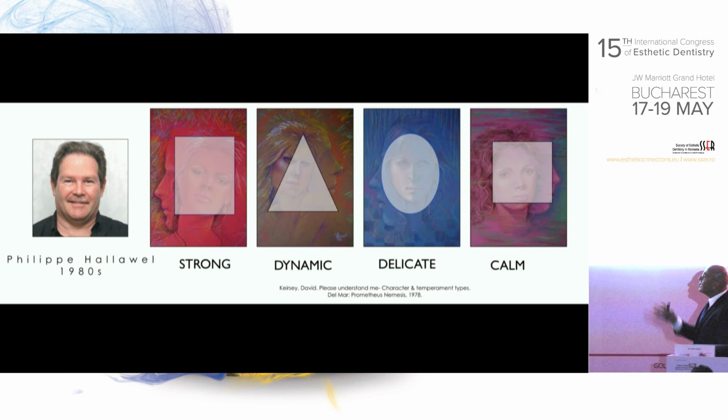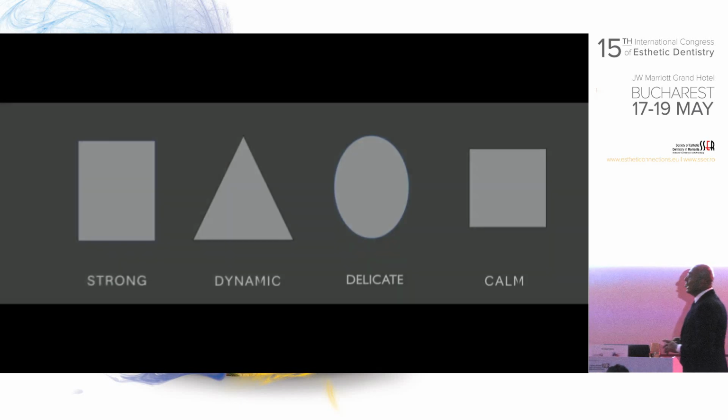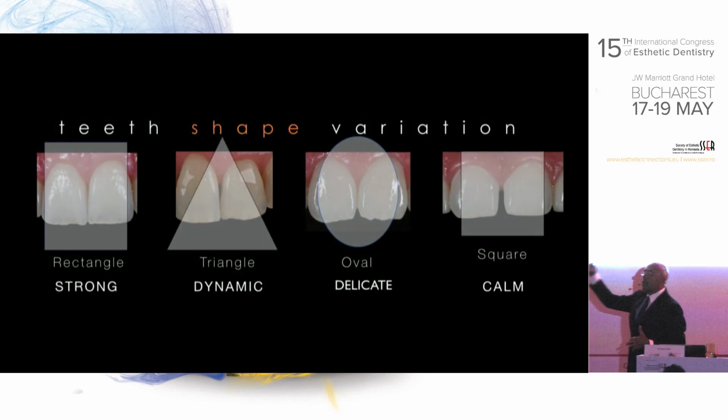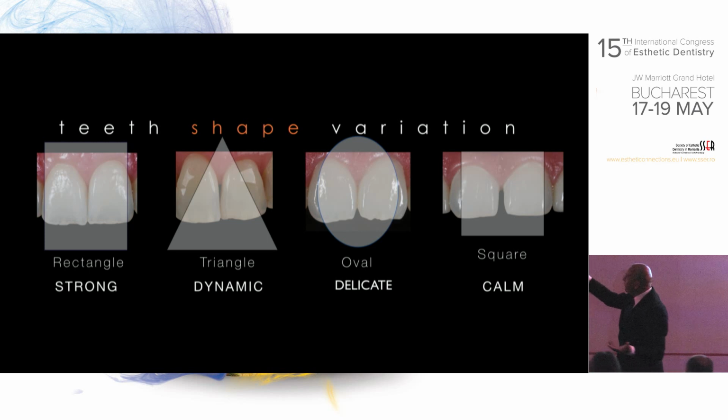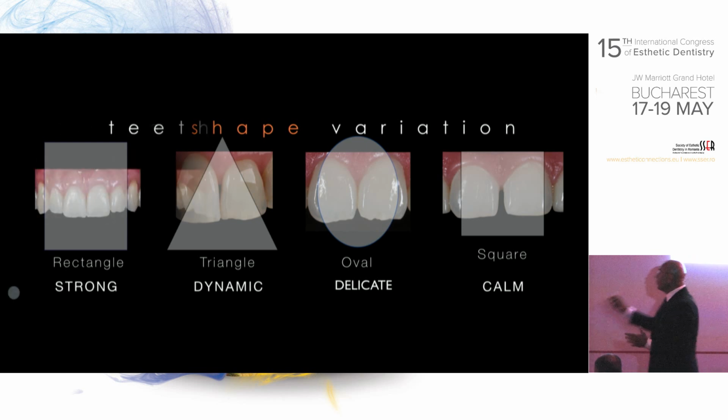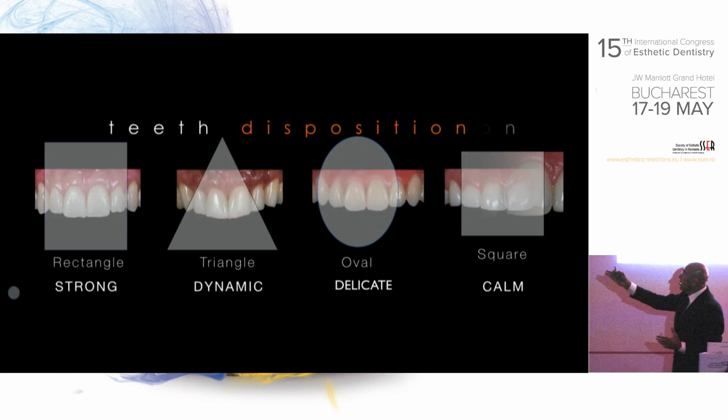And he realized that, yes, if it's a rectangular or square face, it's a strong-looking face. If it's triangular, it's a dynamic-looking face. And then this is where we went into. We also realized that the natural tooth forms, rectangle, triangular, ovate, or square, also exist in natural dentition, and also with the teeth that were appearing in the mouth.